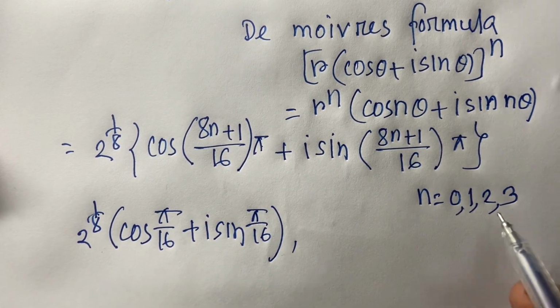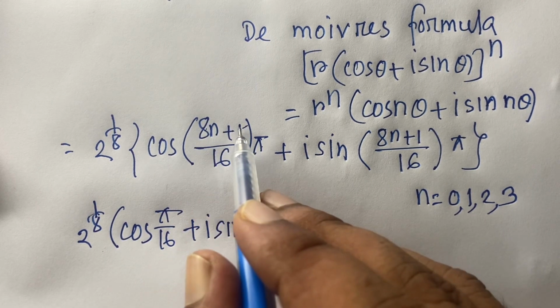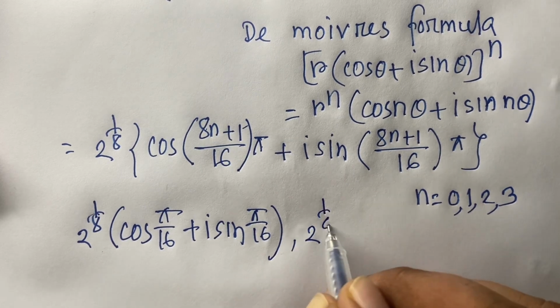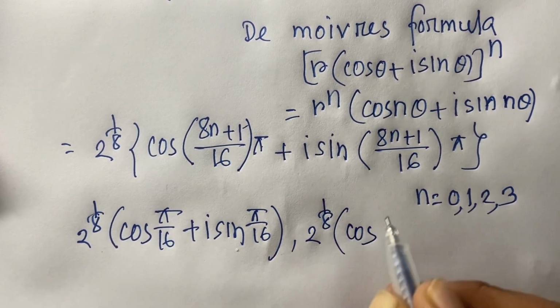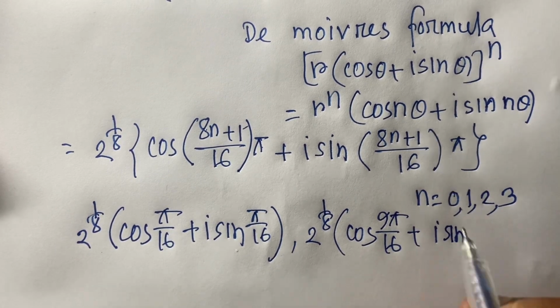When n is equal to 1, 1 times 8 is 8, 8 plus 1 is 9, so our answer is 2 to the power 1 over 8 times cos 9 pi over 16 plus i sin 9 pi over 16.